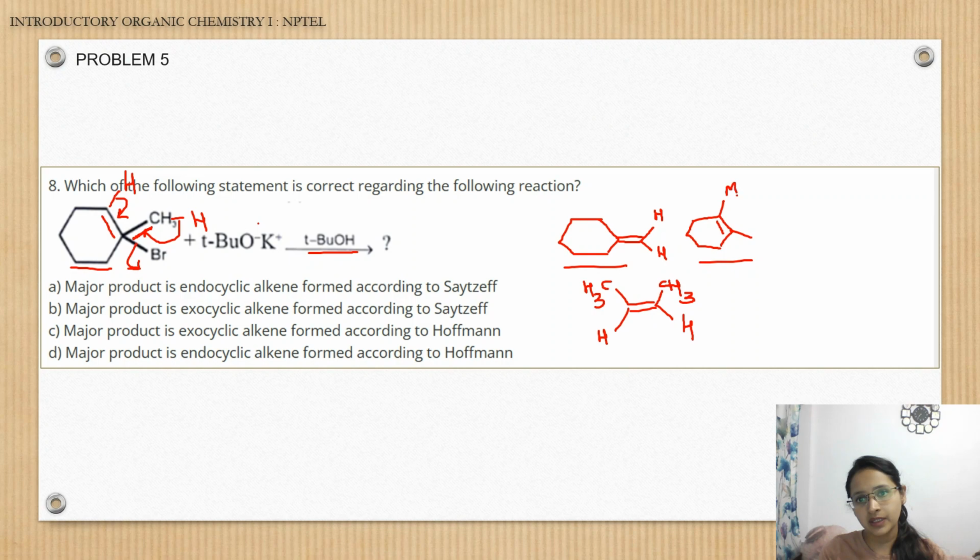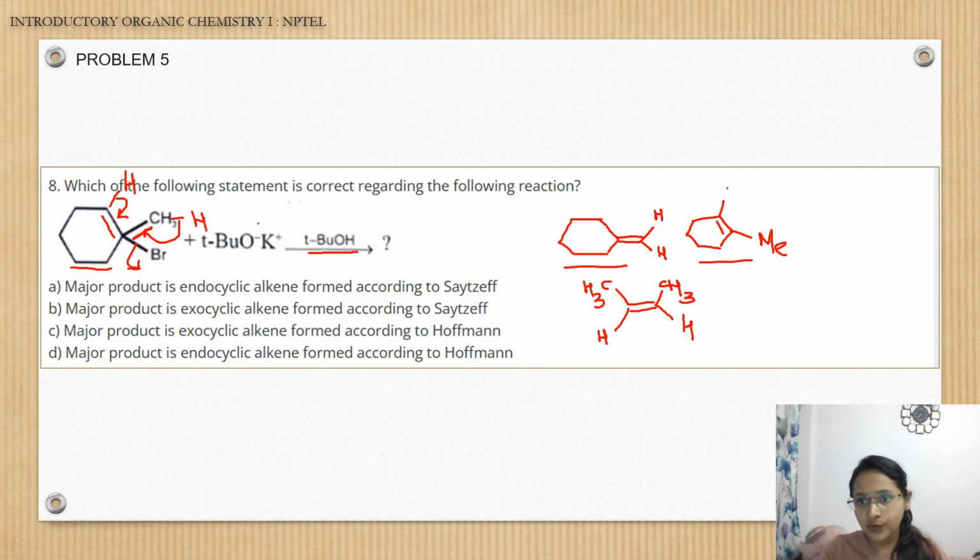See, the exocyclic alkene has more number of hydrogens than the endocyclic. So just focus on the double bond. This double bond, that is exocyclic, has two hydrogens, right?